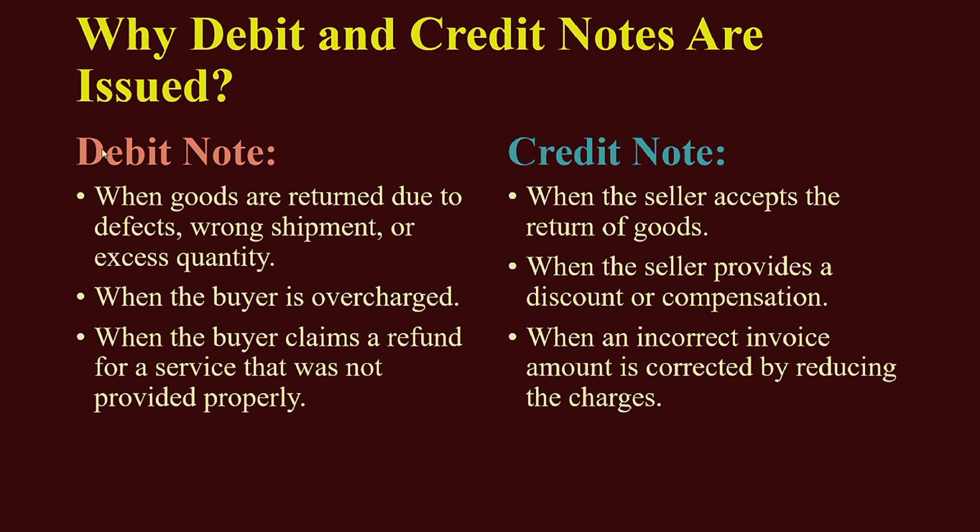For credit note, you can say when buyer claims a refund for service that was not provided properly. It is like a refund of service that was not properly given to him. While credit note, when an incorrect invoice amount is corrected by reducing the charges.